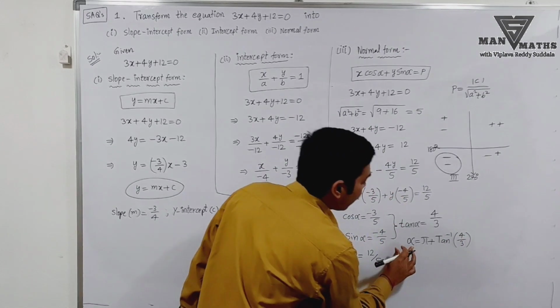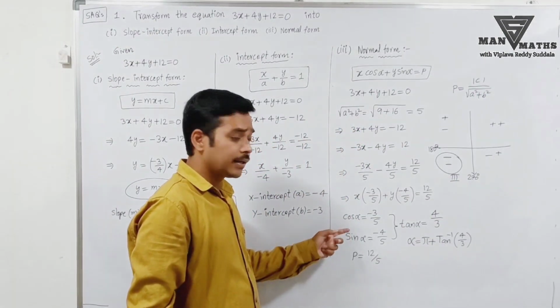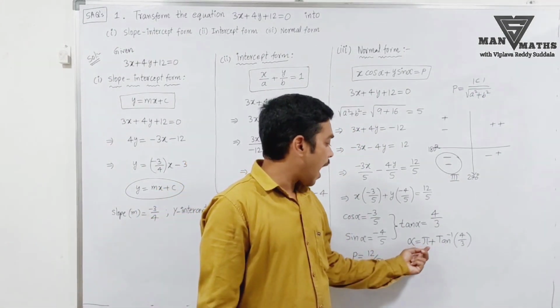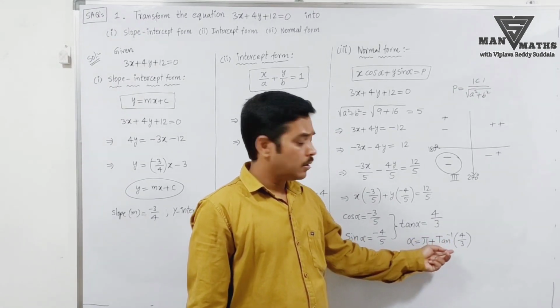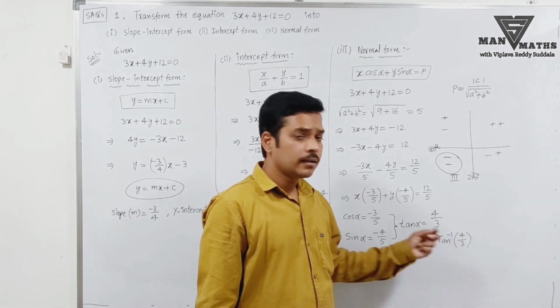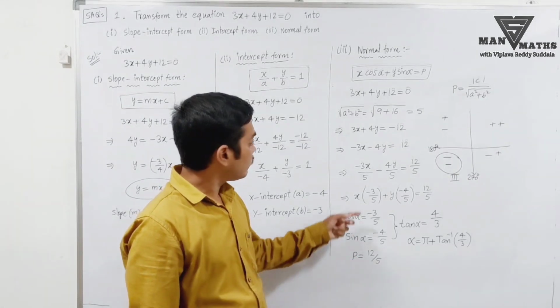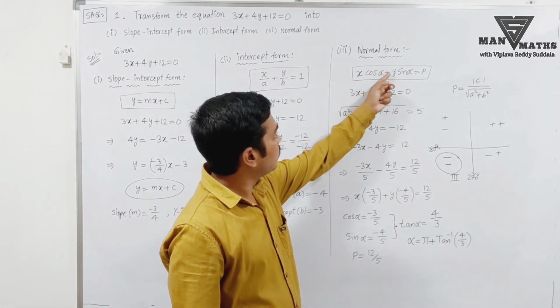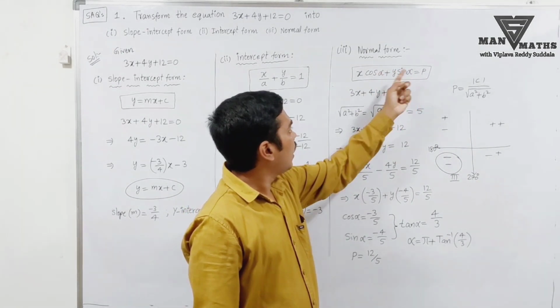Why? Because alpha belongs to the third quadrant, where cos and sin are both negative. That's why we add 180 degrees plus the remaining angle, that is tan inverse of 4 by 3. So this is the alpha value, and this is the p value. In x cos alpha plus y sin alpha equal to p, the two variables are p and alpha.